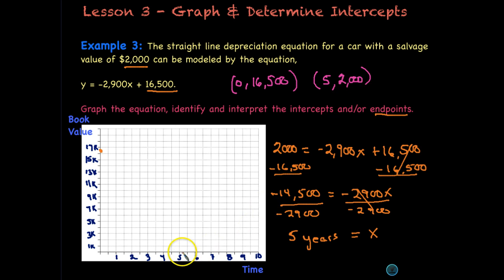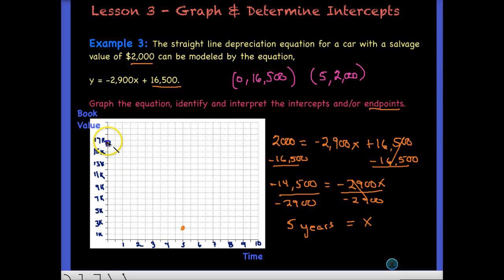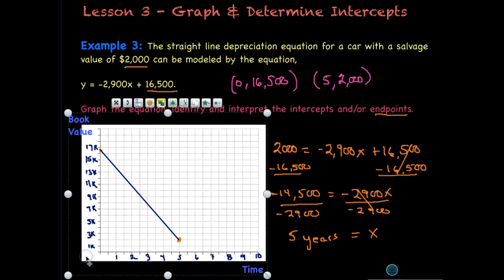So that's our endpoint. Here's 5 years, and here is $2,000. So all I have to do is connect those points together, and now I have graphed this equation.